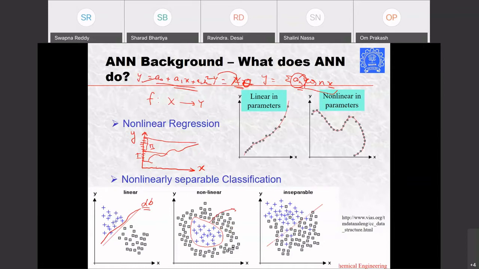Yet another case, which is the case that we are mostly interested in, is that the classes are inseparable. Even if it was separable in the real scheme of things, just because of noise, because of the measurements. So note that these are measurements, okay, and these are not true values. Because of the measurements, even though this should have been here, because of noise, it got pushed over here.